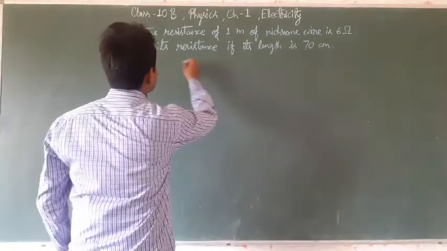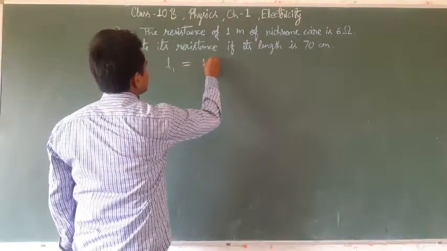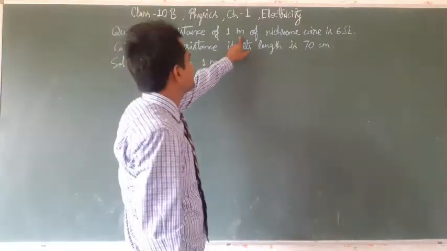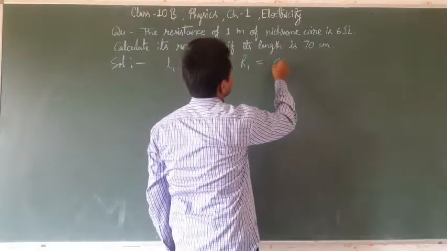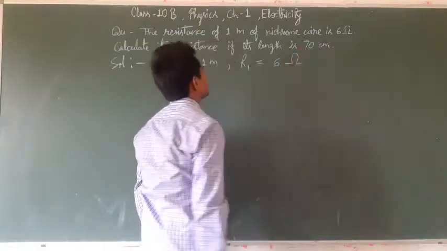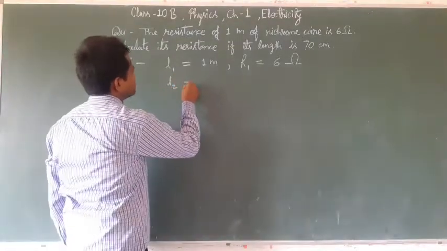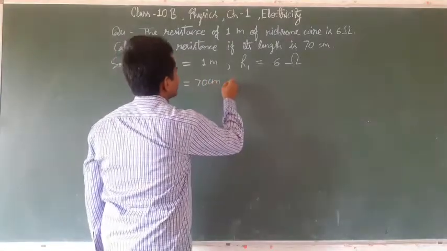So what is given: L1 is 1 meter. If length is 1 meter, then resistance, it means R1, is equal to 6 ohm. If length is 70 centimeter, it means L2 is 70 centimeter.